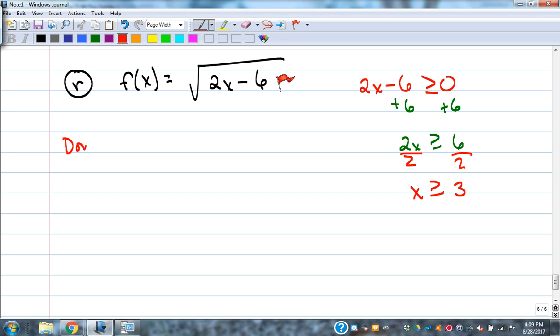So our domain in set notation would be all x's such that x is greater than or equal to 3. Set notation is super easy. It's not hard. The interval notation is still not hard.